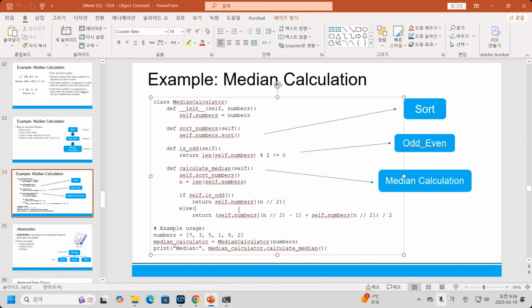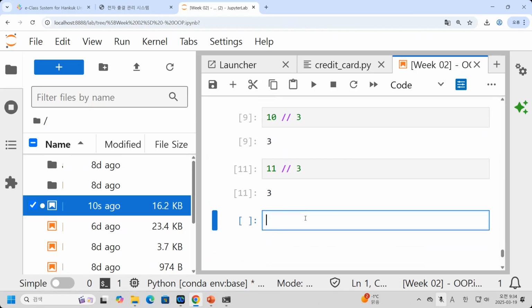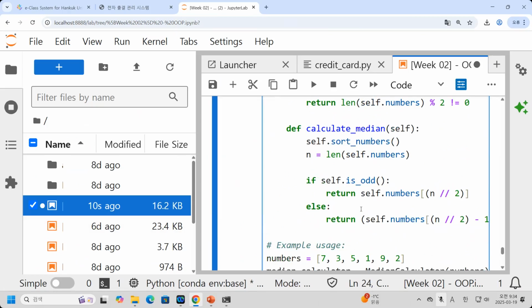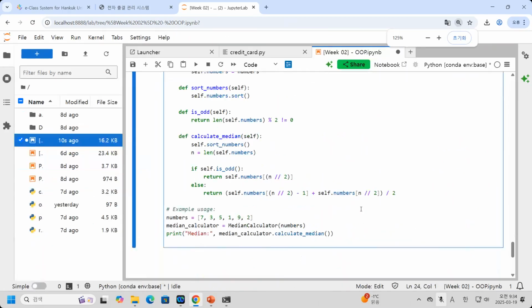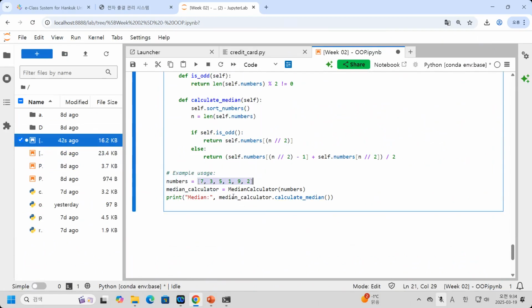So let's just copy and paste this one. Now let's suppose I have numbers: 7, 3, 5, 1, 9, 2. Okay, so this is a list, and I want to check with this data, what is the median?